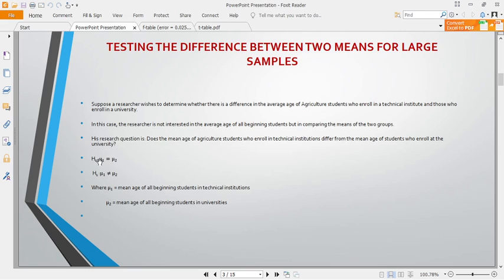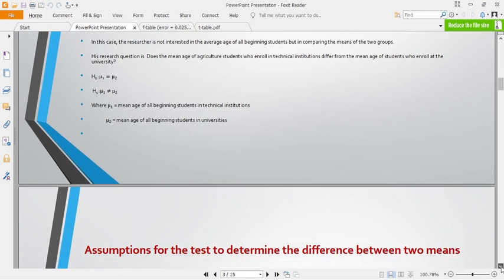In other words, the mean of students who enroll at the technical institute is equal to the mean of students who enroll at the university. And the alternative will be that there is a difference in the means. So the mean of students who enroll in an institute is not equal to the mean of students who enroll in a university. That becomes our claim or alternative hypothesis.